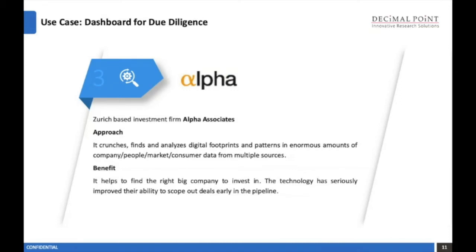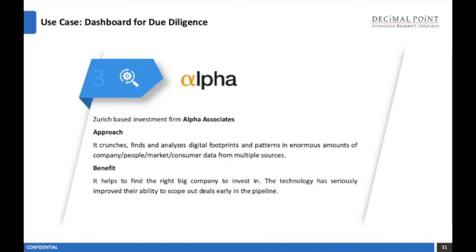And the third case study is about Alpha, a Swiss-based investment firm that has created an information system that helps them in their due diligence process. What Alpha has done is develop a system that uses advanced analytics, such as machine learning and deep learning processes, to highlight investment opportunities.